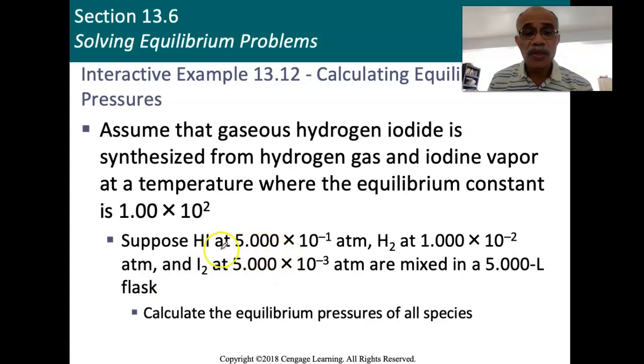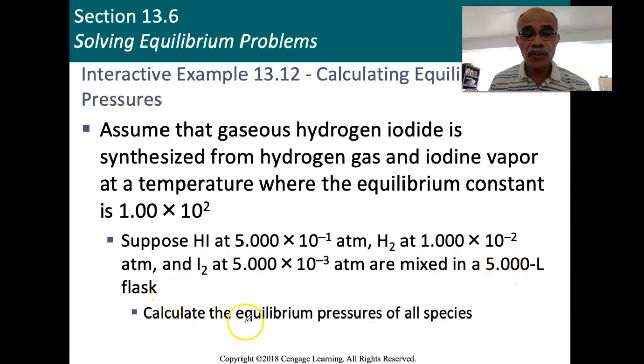So these are the initial conditions. You have 0.5 atmosphere, 0.01 atmosphere, and 0.005 atmosphere of I2. So these are all mixed in a 5-liter container.